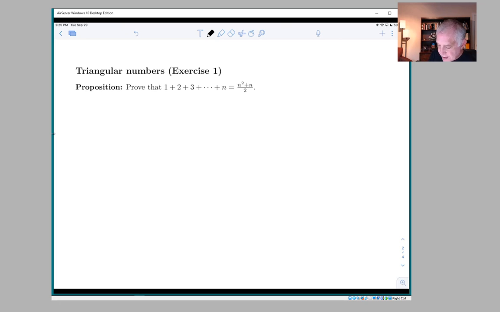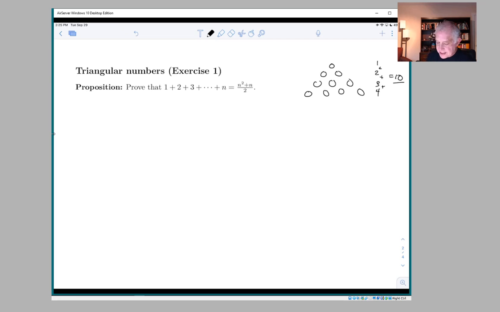The next one is this proposition that's called the formula for triangular numbers. The reason is because if you look at 1, 2, 3, you make a triangle by stacking up circles. So then you have here 1 plus 2 plus 3 plus 4, which is 10.